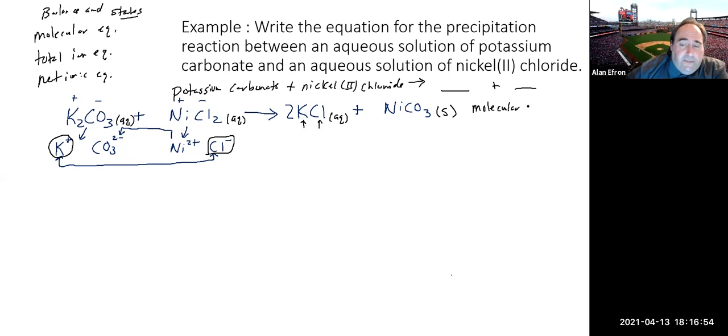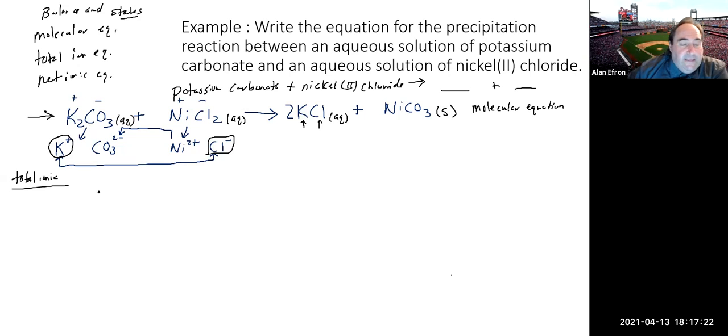This now would represent the molecular equation with all the states and everything properly balanced. We now can proceed to break this guy apart into our total ionic equation, our complete ionic equation. Remember, we're going to break apart everything that is not a weak electrolyte, that is not a solid, a gas, or a liquid.